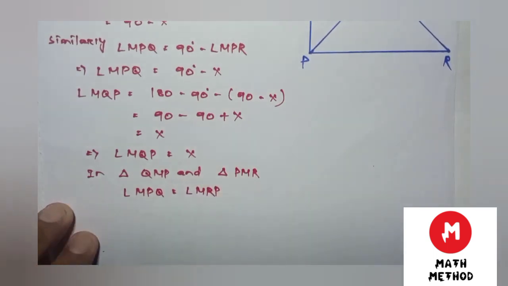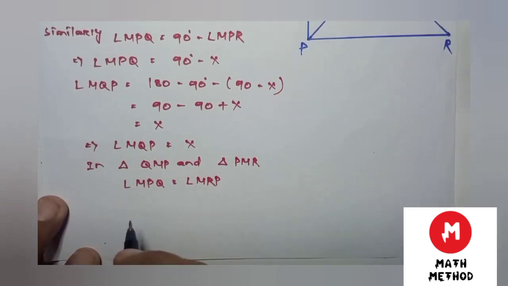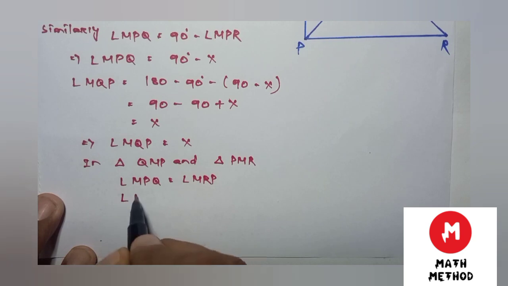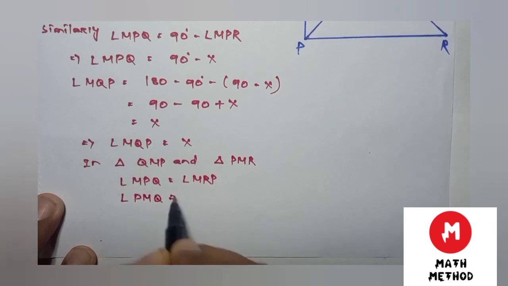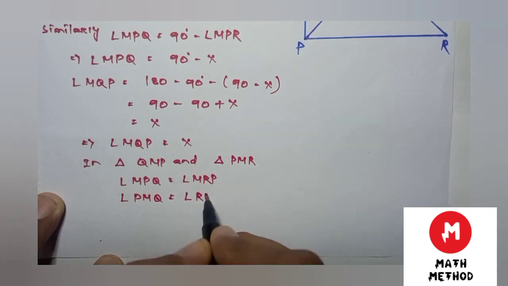MRP is equal to 90 minus X degrees, and angle PMQ is equal to angle RMP.